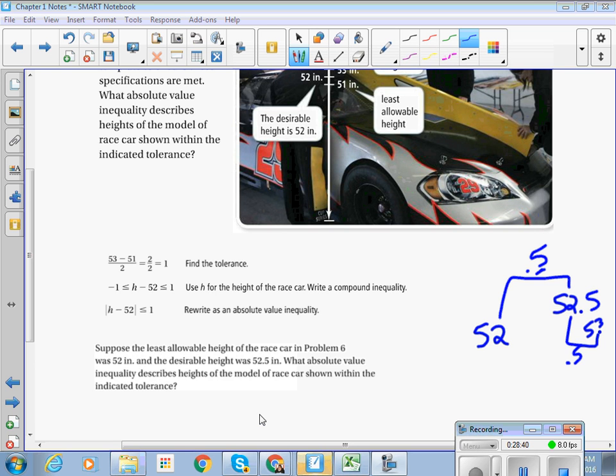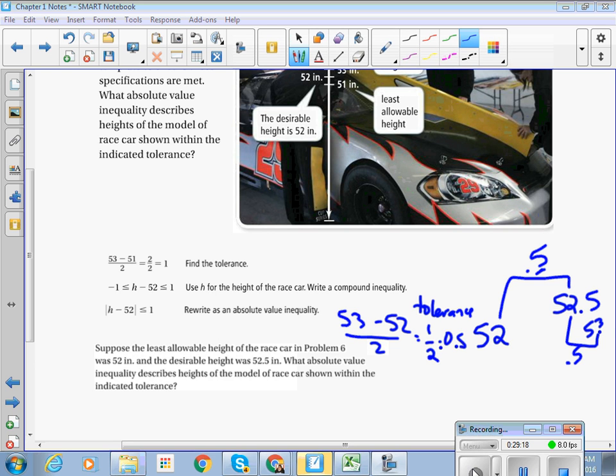So we want that distance to the left and to the right to be the same. Okay, so if our least allowable is 52, and at most we can be 53, our tolerance is 53 minus 52 divided by 2. So our tolerance is 0.5.